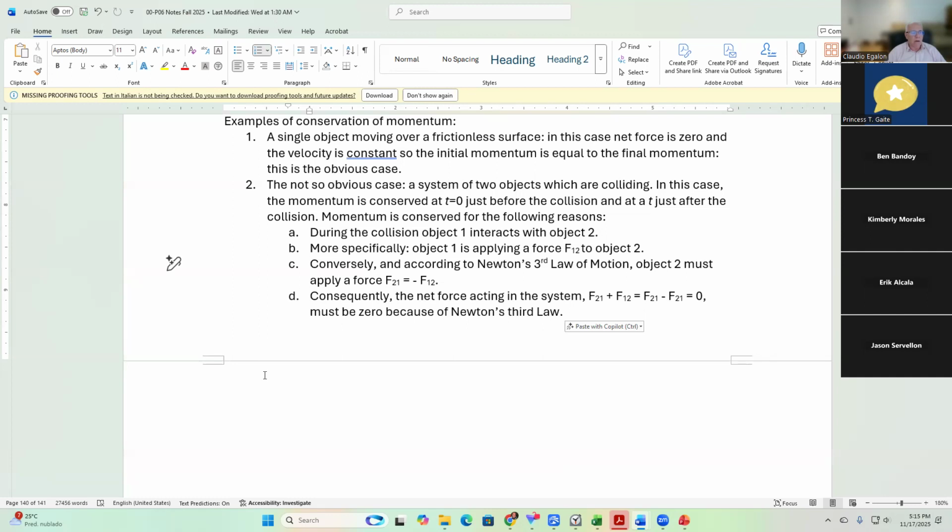Conversely, according to Newton's third law of motion, object 2 must apply a force F21 equal to minus F12. Consequently, the net force applied to our system, and by our system I mean both masses, is F21 plus F12, which is F21 minus F21, equal to 0. Consequently, momentum must be conserved.